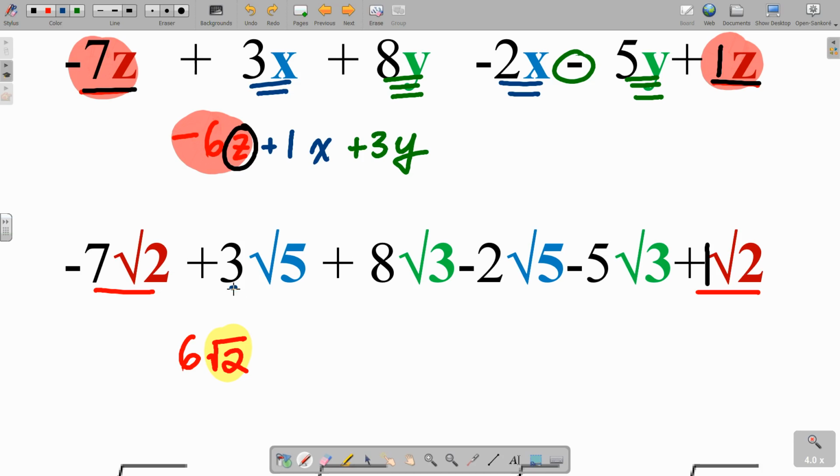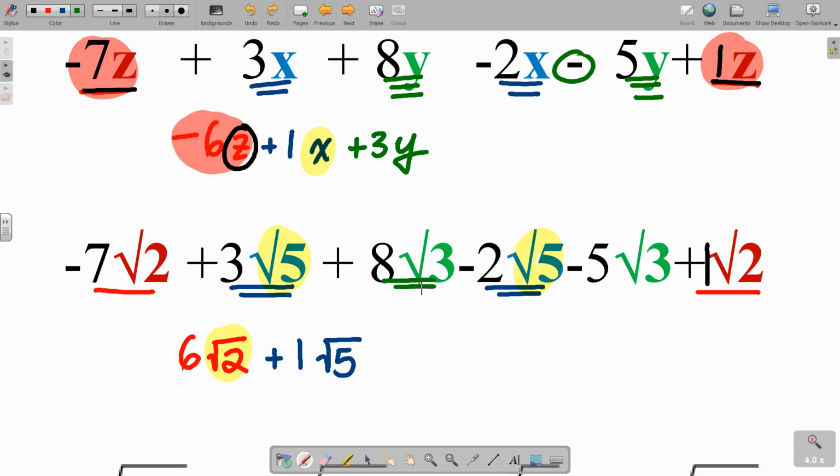Root 5, 3 root 5 minus 2 root 5. Notice the radical did not change, just like the variable did not change when you add or subtract.